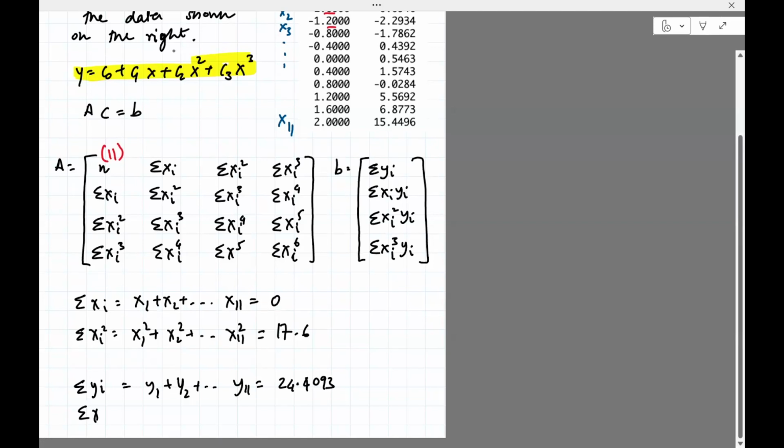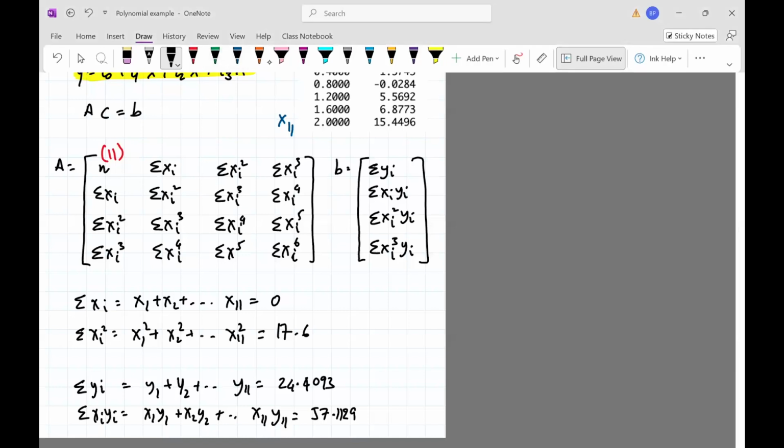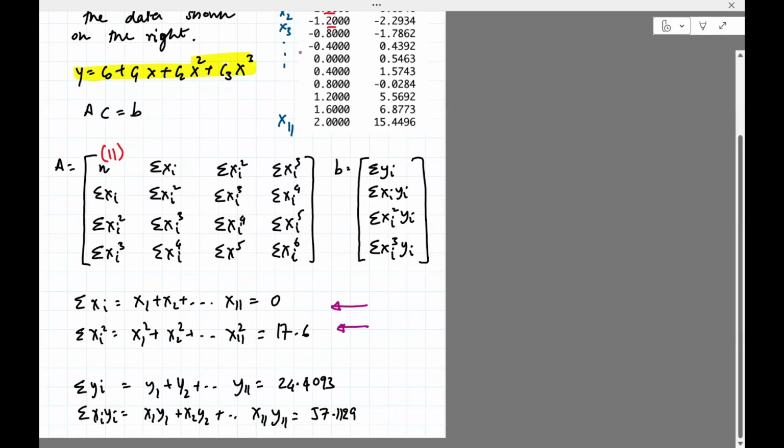And then you can do xi yi, which will be x1 y1 plus x2 y2 plus so on till x11 y11, which comes out to be 57.11. Anyway, I'm just writing down a few things so that you know what's going on and how these computations are done. This is just one way of doing it. Another way is to actually write columns down and then just use summation.